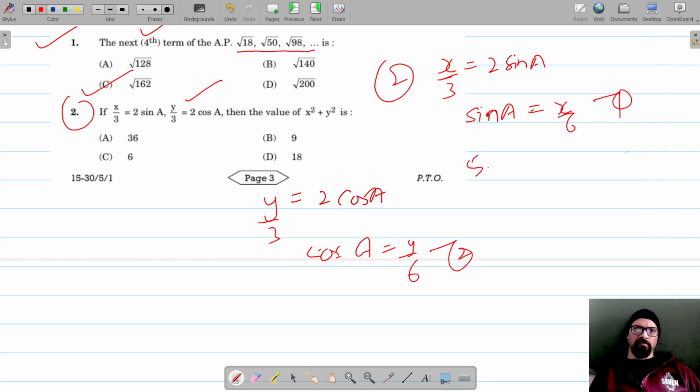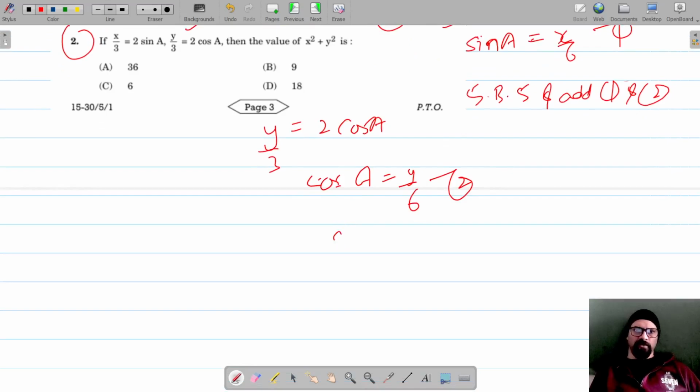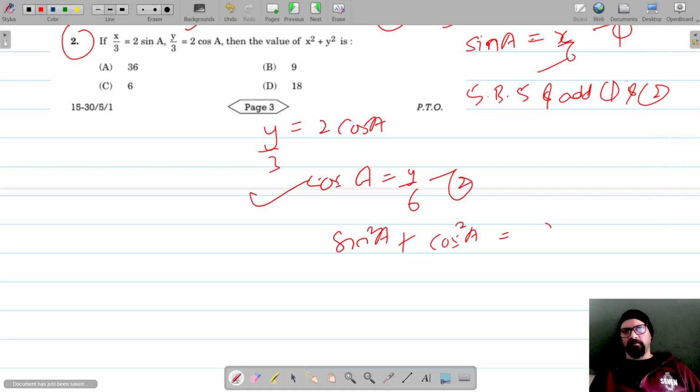So what I'm going to do, I'm going to square on both sides and add equations 1 and 2. So if I square the first equation, this is sine square A, and square this is cos square A, and squaring this side gives me x square upon 36 plus y square upon 36.